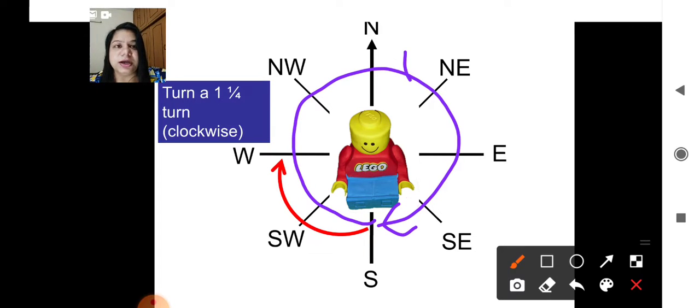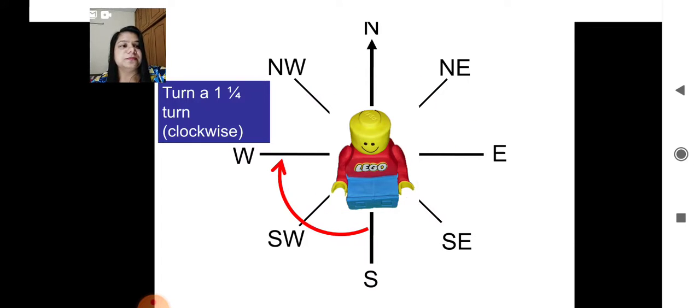This is 1 turn, we have done. Now from south to west we have to take 1/4 of the turn. So from south to west, 1/4 of the turn will take you to the west side.